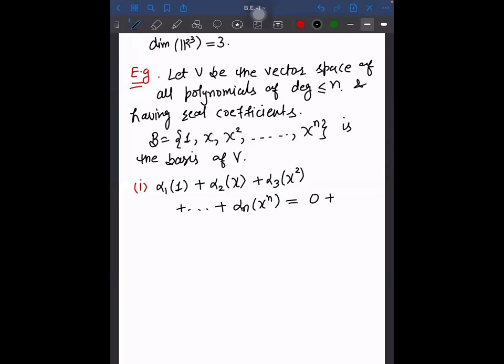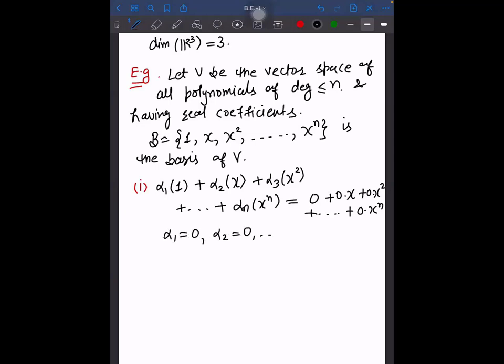That means 0 plus 0x plus 0x square plus so on up to 0x^n. Now, if you compare two polynomials, they can be equated only when the coefficients having the same degree are the same, right? So with this definition, your alpha 1 is 0, alpha 2 is 0, and so on up to alpha n.